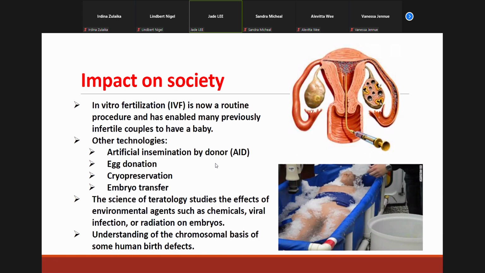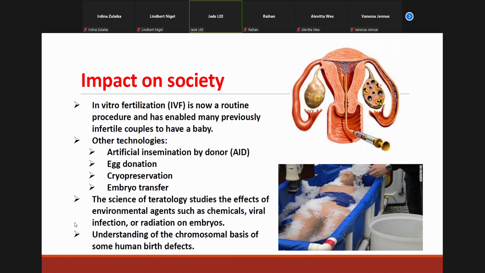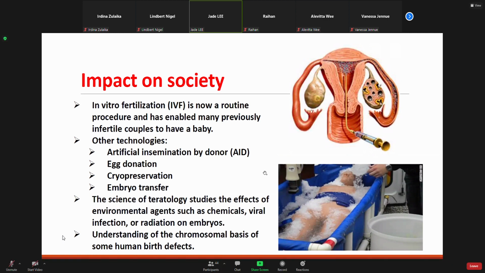23? Okay. Kita ada 23 pairs kan? Kalau Down syndrome macam mana? So you sendiri pergi ingat, masih ingat tak general genetics?